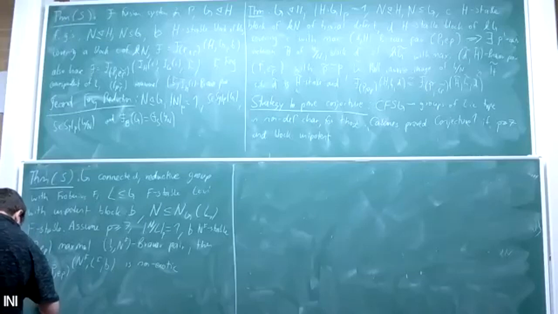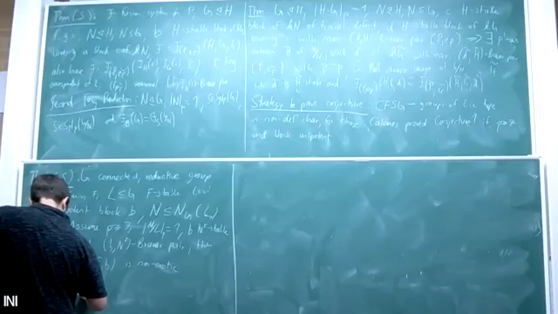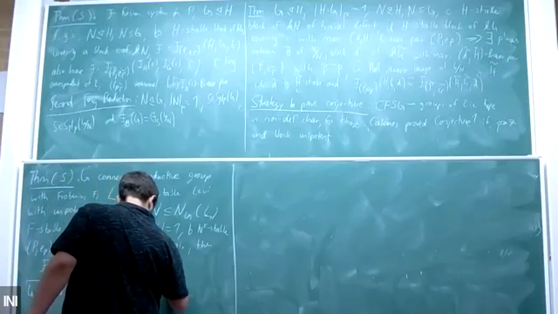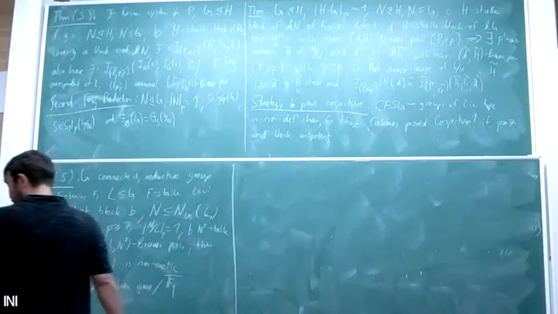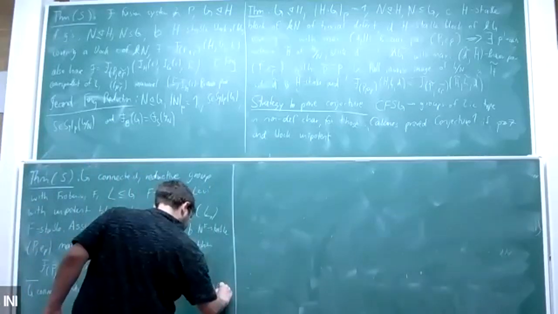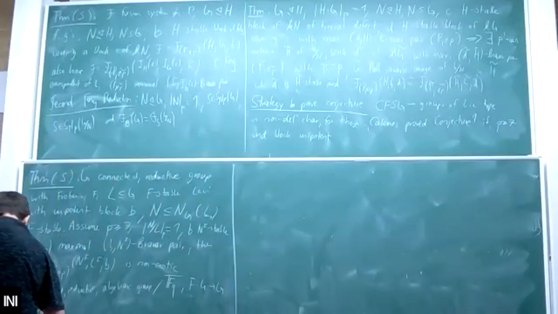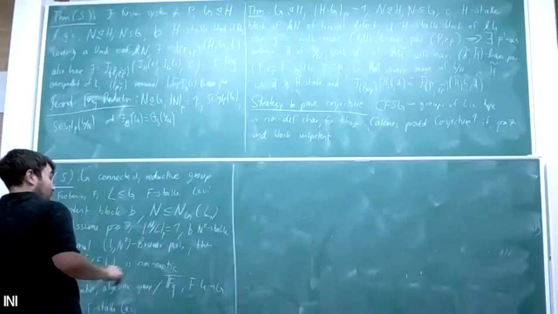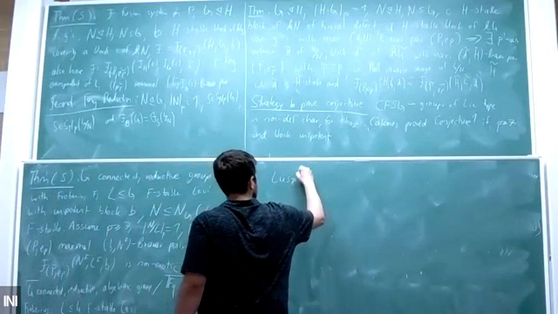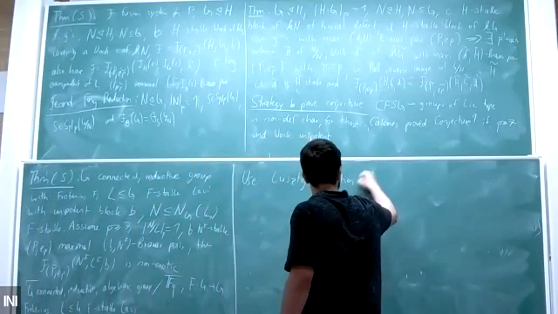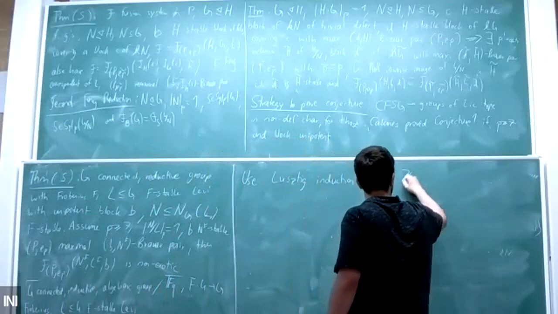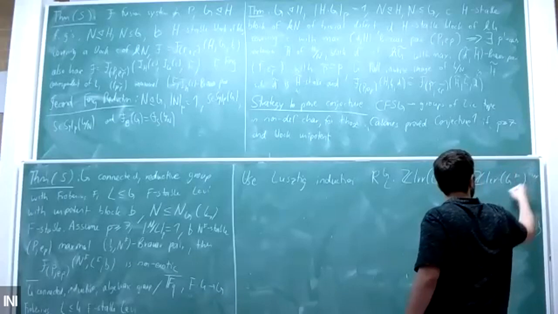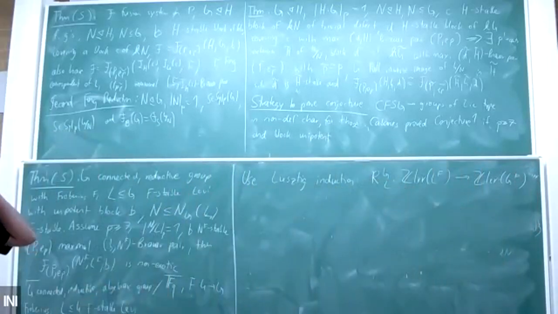So if G is a connected reductive algebraic group over some F_q bar, where q is a prime power coprime to p, and F a Frobenius on G, and L again an F-stable Levi, then I can look at the Lusztig induction. R_L^G maps from the generalized irreducible characters of L to the generalized irreducible characters of G. I will not write down how exactly the map looks, because then I would need to introduce a lot more notation.